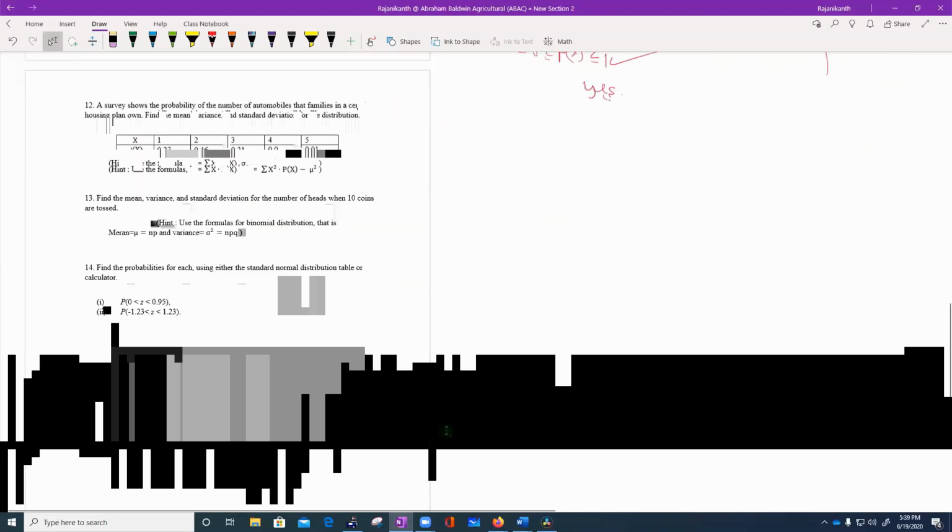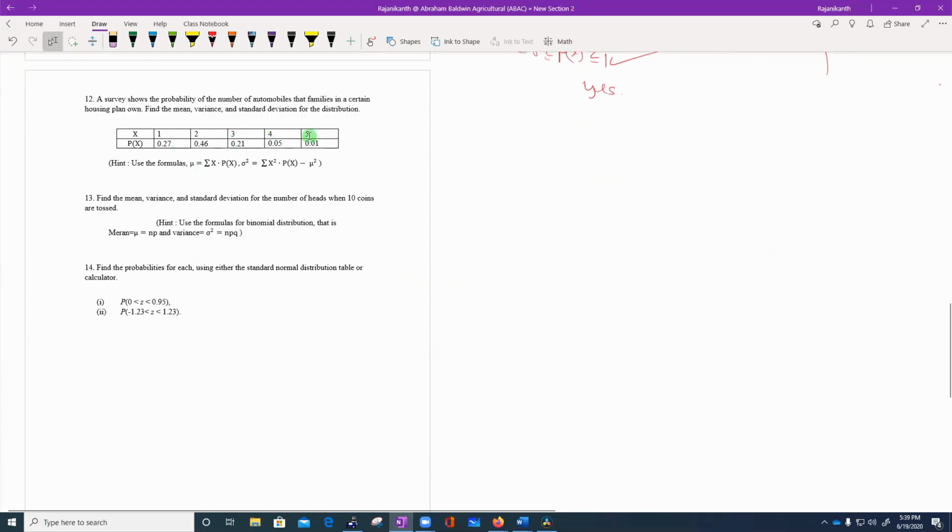Okay. Now the second one is you are given a probability distribution. That means they are telling you already it is a probability distribution. So you don't need to check. You have to assume that it is a probability distribution. Now remember, if you look at my notes, if you are given a probability distribution, it is always possible to find the mean, variance, and the standard deviation for that variable x.